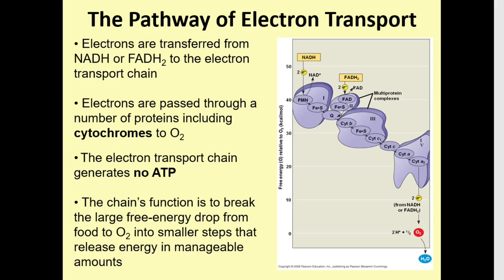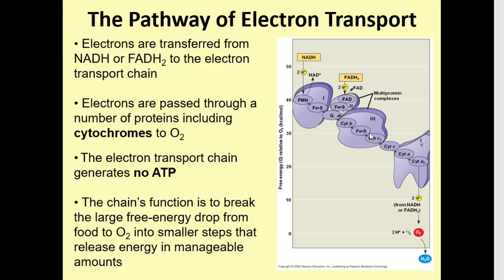A hydrogen atom, as you remember from our first session together, is just a proton with an electron moving around it. Well, you separate the electron and the proton, what you're left with is that single proton, which we refer to as a hydrogen ion, or H+. So there are loads of these hydrogen ions inside the matrix.